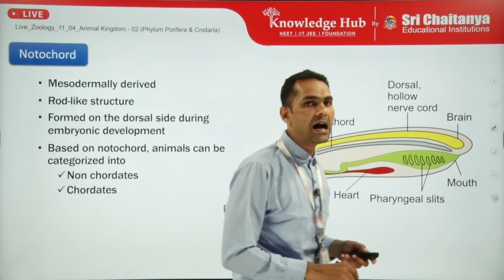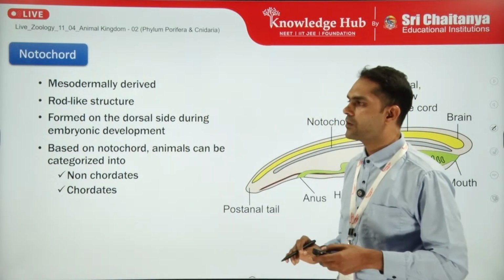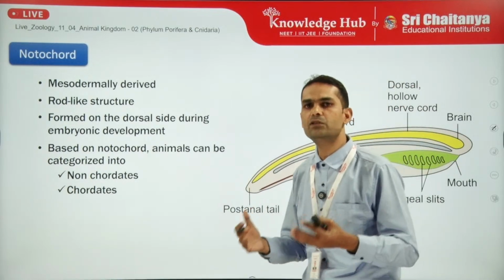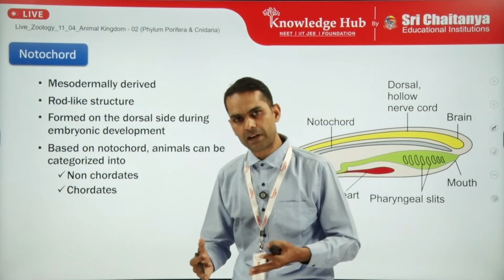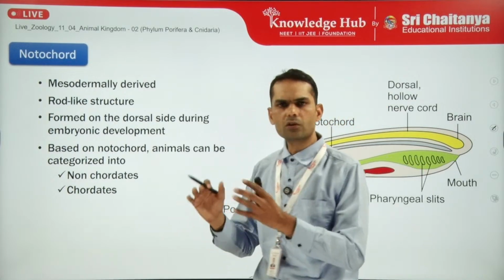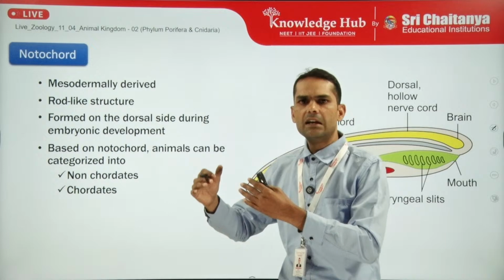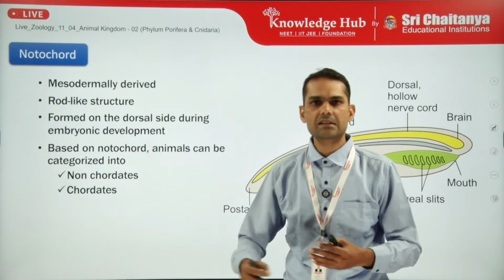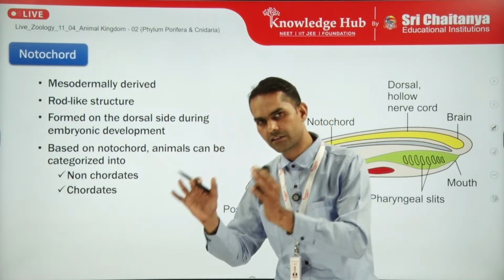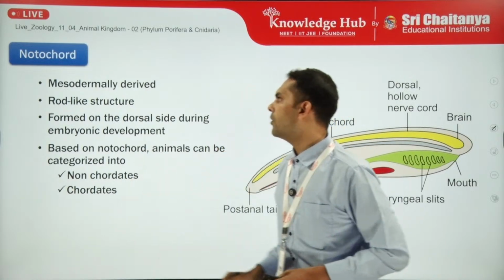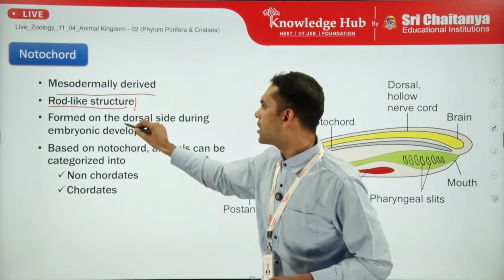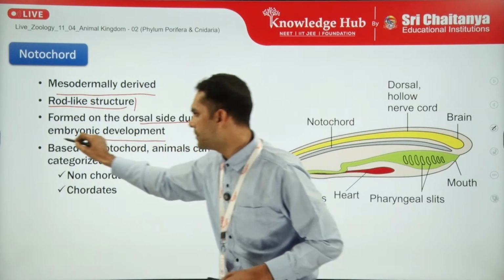Now the last characteristic is the notochord. As I have already explained, the notochord is a mesodermal derived layer. Its function is endoskeletal support, and those organisms in which this notochord appears at any stage of life are all categorized as chordates. It is a mesodermal derived rod-like structure formed on the dorsal side during embryonic development.